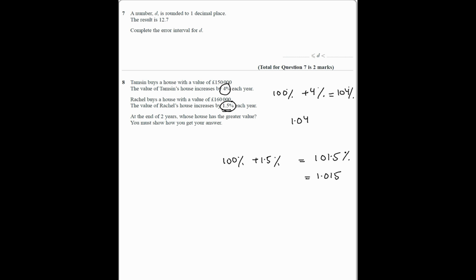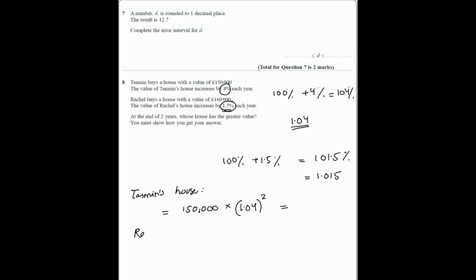Now if you want to calculate at the end of 2 years, for Tasmin's house the final value would be, first of all, we write down the price, 150,000 multiplied by 1.04. But for how many years? 2 years, so we have to use power 2 there.